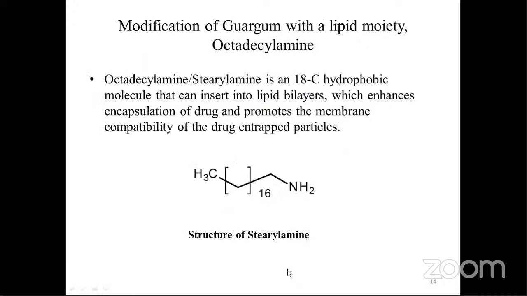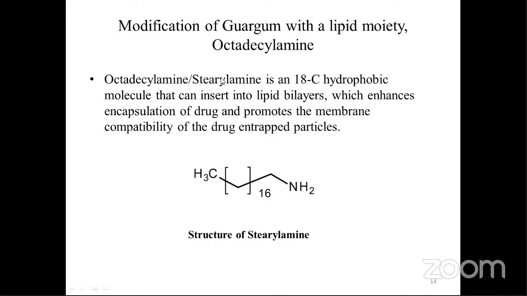So guar gum was again modified using a hydrophobic moiety to increase its hydrophobicity so that the drug holding efficiency can be enhanced. It was conjugated to another hydrophobic moiety called stearylamine. It is an 18 carbon hydrophobic molecule.